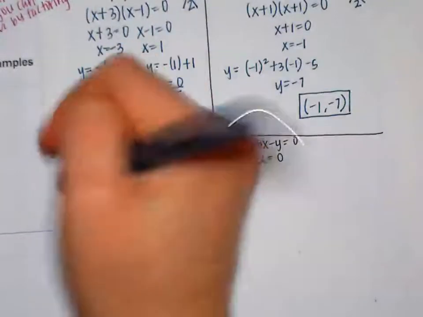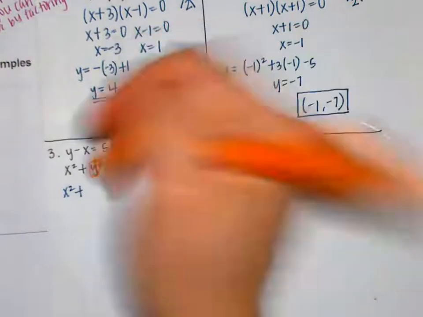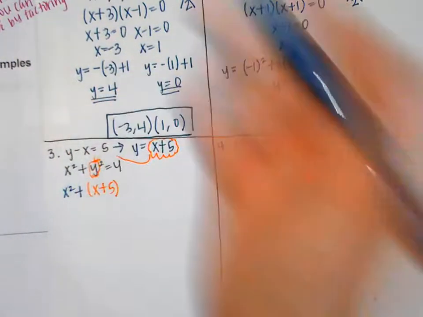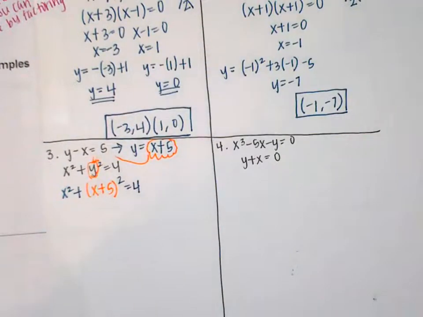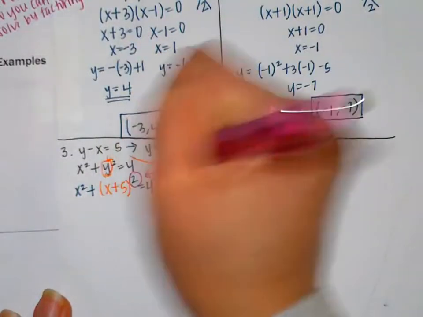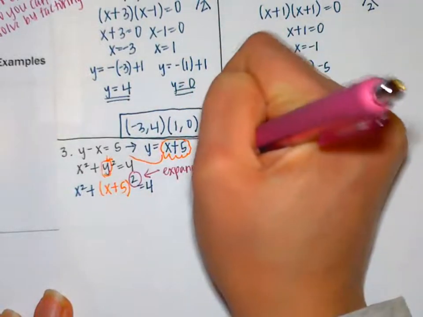And so it's going to be x squared stays as is, plus, and then in place of y, we write x plus 5 squared equals 4. Now be careful with that x plus 5 squared. With this, we need to expand and multiply.